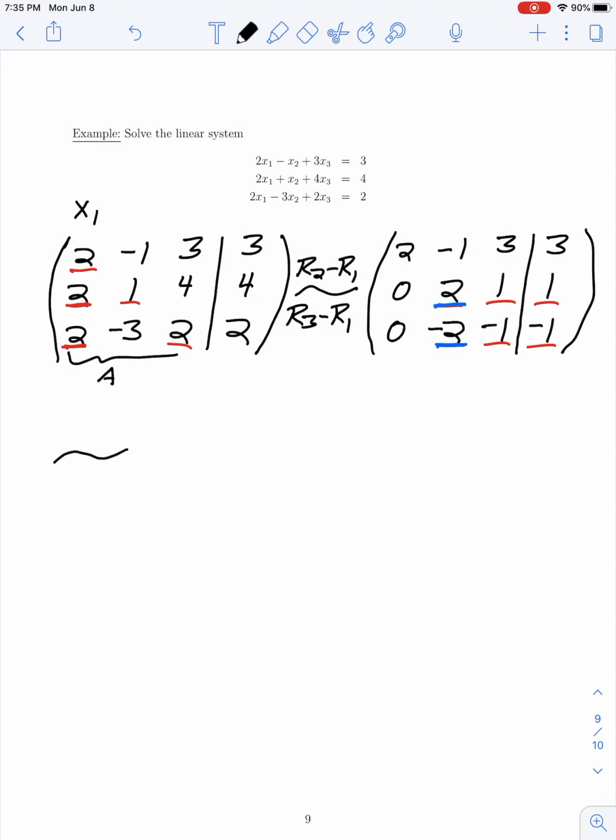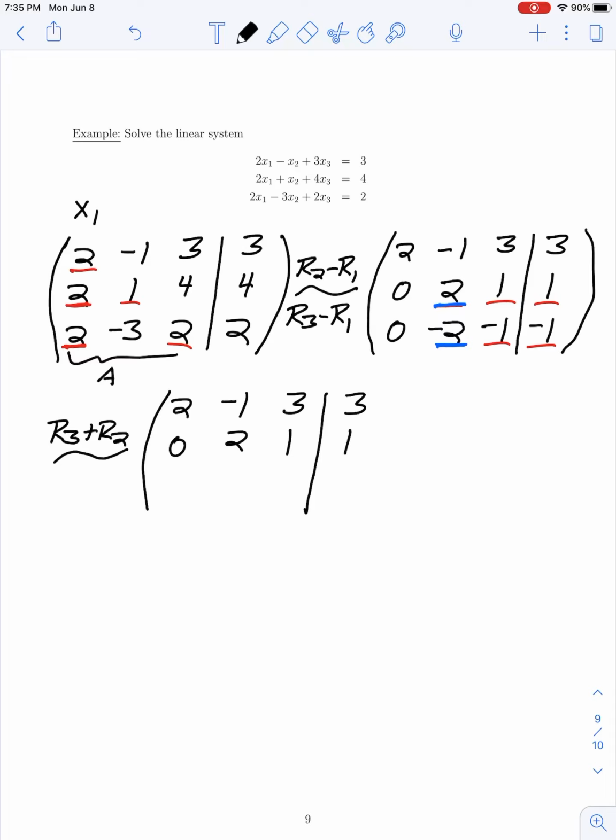So here, we're going to take row 3 and add row 2 to it. So my first row is still the same. I have 2, -1, 3, 3. My second row I'm going to leave alone. I have 0, 2, 1, 1.